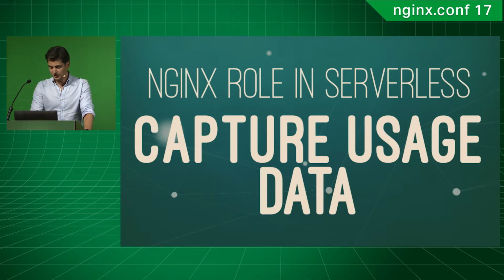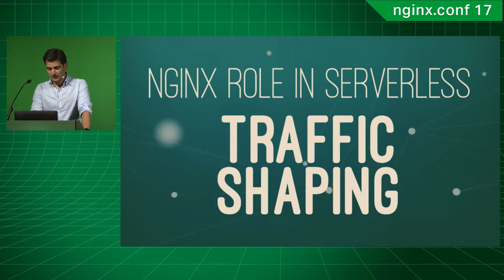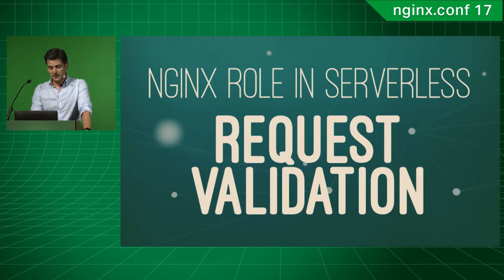That's how we get the metrics of the whole API traffic in Adobe, by extracting that from NGINX. Traffic shaping, throttling, rate limiting, right? Features that we should be used to. WAF. Request validation. We also do this.